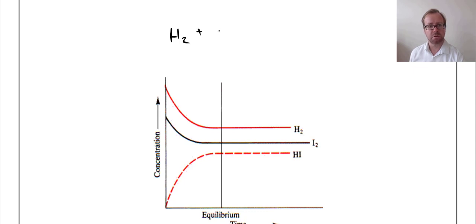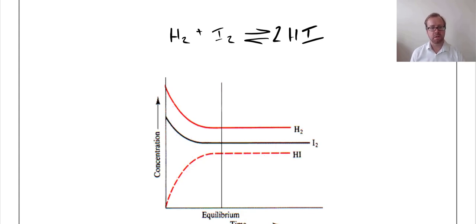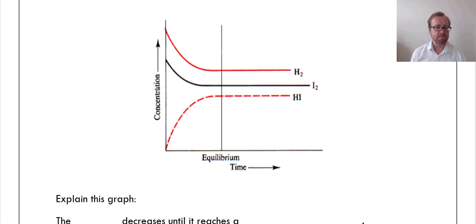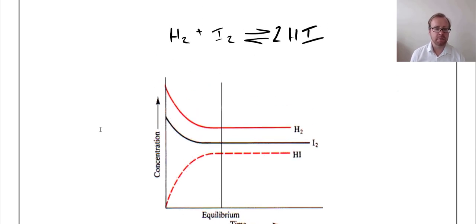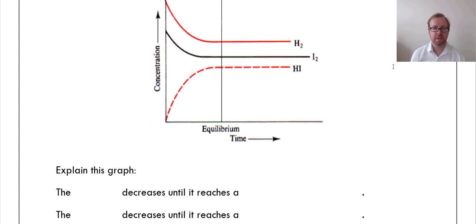So H2 plus I2, our sign for a reversible reaction, forms HI. Now what do we have to do? We have to make sure it's balanced, so 2HI. Have a look at this graph, and I want you to have a go at explaining it. We'll go at filling in the missing points down here.